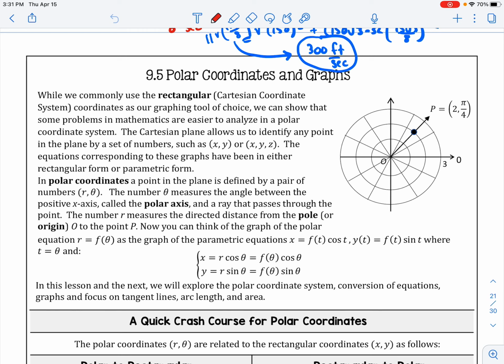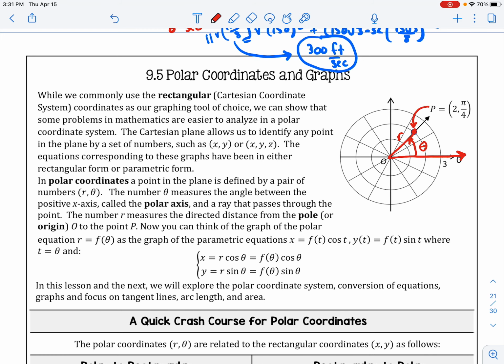The number r measures the directed distance from the pole or origin O to the point P. So here is your polar axis, and this would be our theta, and the distance from this 0, 0 to this point P. That is your r, okay?